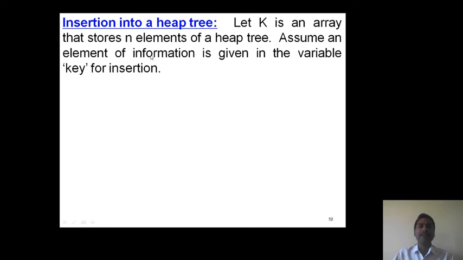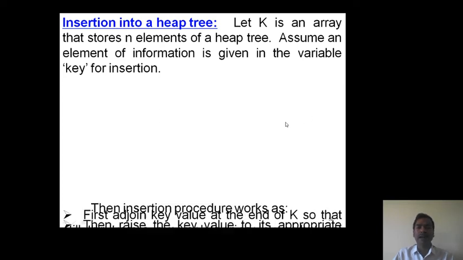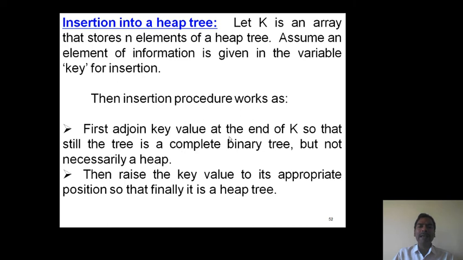If a new element is available for insertion, the basic steps are: first, add the element at the end of K, so that the tree is still a complete binary tree, but it may not necessarily form a heap. In such cases, we move the key value into the appropriate position in the same path, so that finally it becomes a heap tree. So by applying these two basic principles, we can simply insert an element into a heap tree.